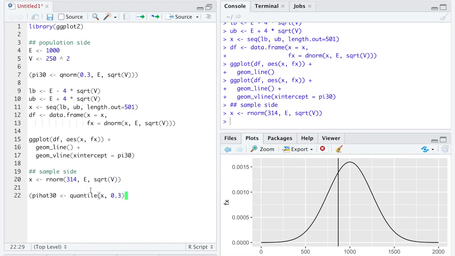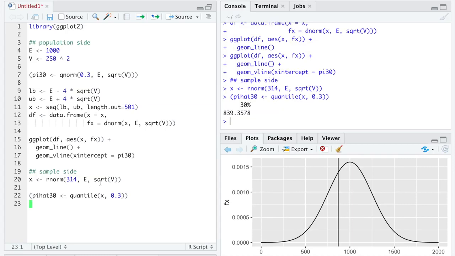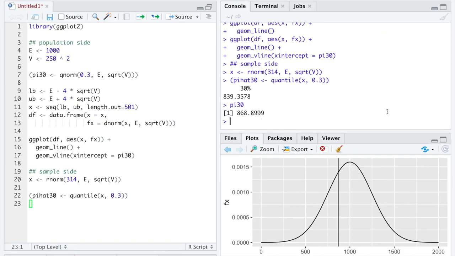And again, I will wrap this expression in parentheses so it stores and prints at the same time. And here we have pi hat, a guess of pi 30, to be 840, which I will reprint pi 30 to show you is an okay guess for the true population parameter, the 30th percentile of 868.9. 840 is a reasonable guess of 868.9.